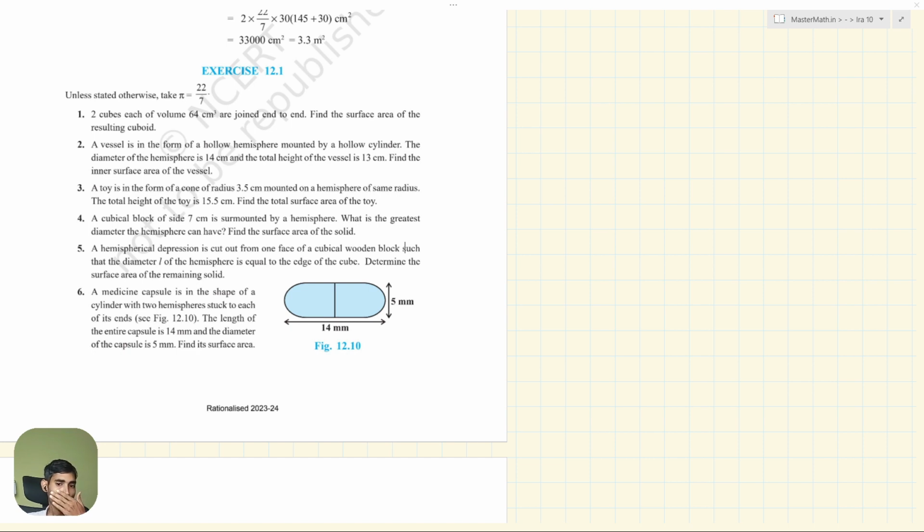Sir, over here the length is given, but will we need the length of the capsule? The length is given, right, of the entire capsule. But to find the TSA, we don't need the length.